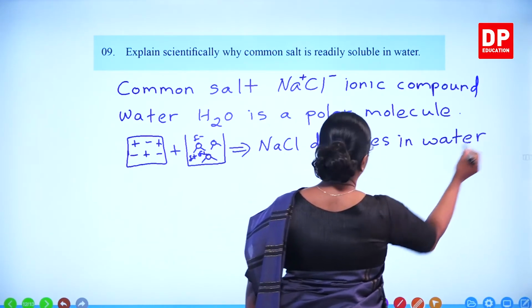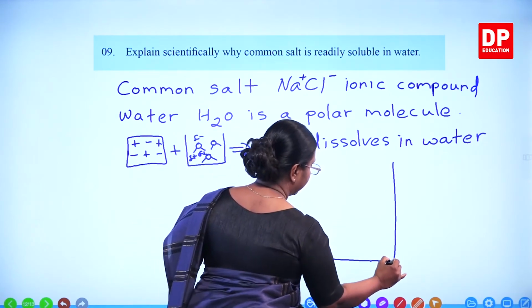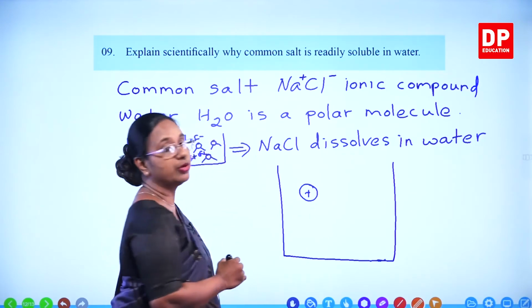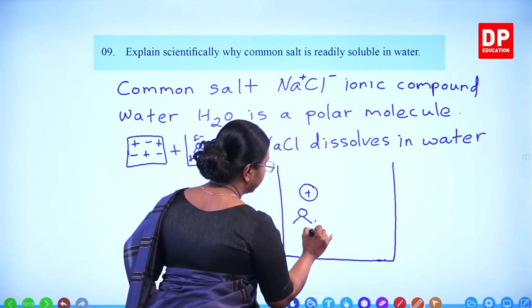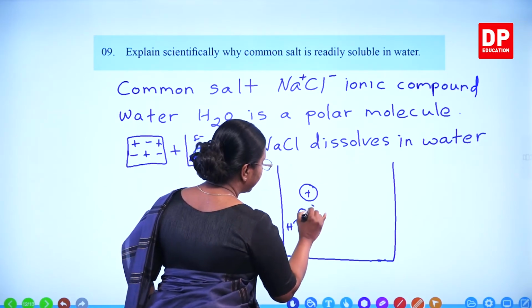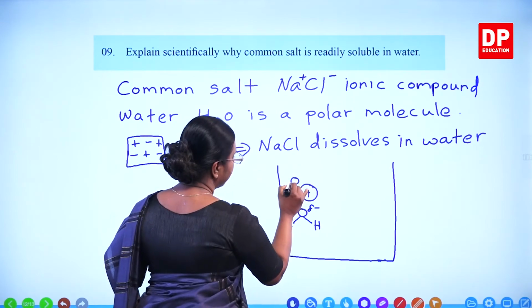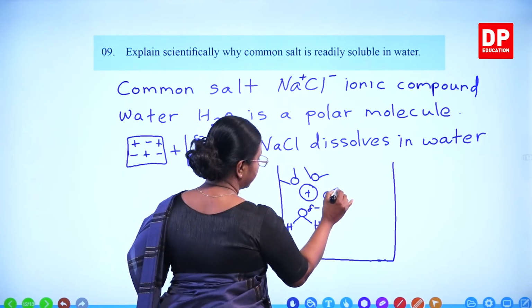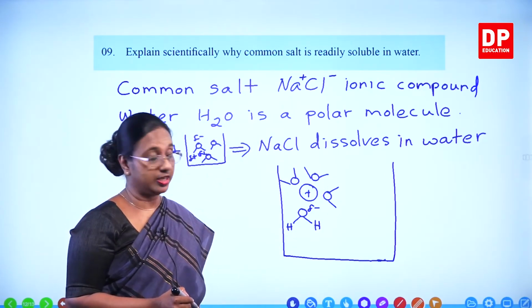Then what happens? If you take the container, now there is the positive sodium ion that gets surrounded by the partial negative charge of oxygen. The same way the partial negative charge of oxygen can surround the positively charged sodium ion.